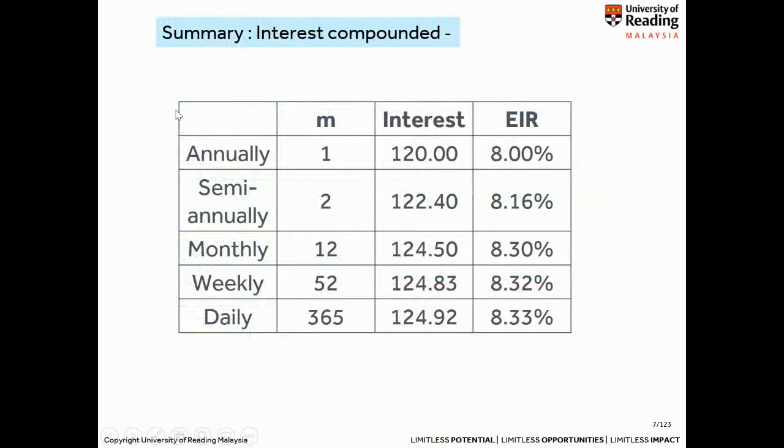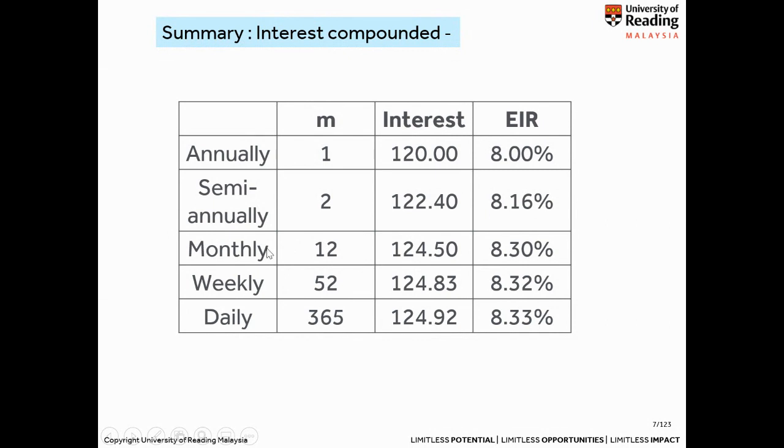In the next slide, we have a summary of these 5 different types of interest compounding. Annually, m is 1, interest earned is 120.00. The effective interest rate is 8%. Semi-annually, m is 2, interest earned is 122.40. The EIR is 8.16%.